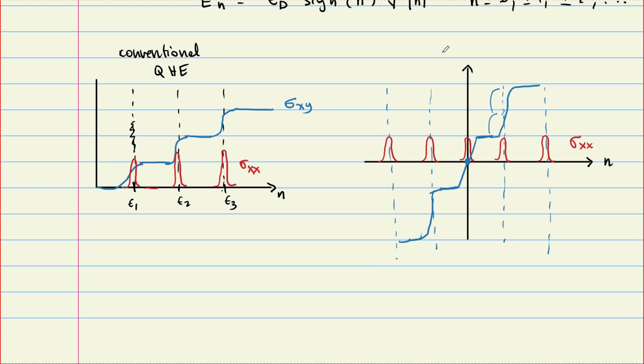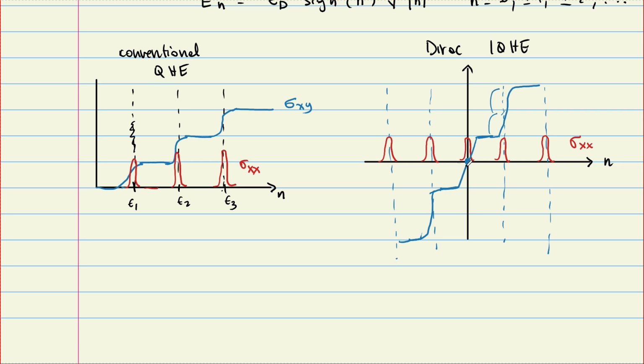So this is, if you want, the Dirac integer quantum Hall effect. And the difference here is because at charge neutrality, this is the charge neutral point, and graphene is typically electron and hole symmetric. What this means is if you don't do anything, total charge is 0, and you are here.